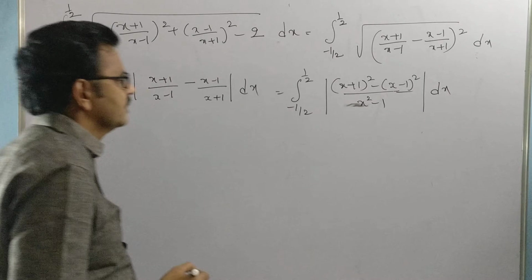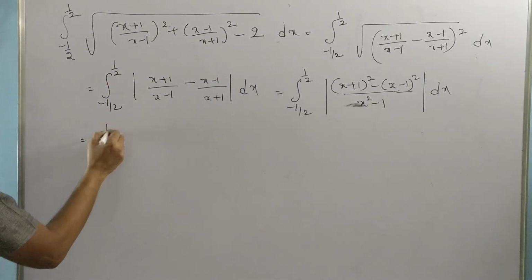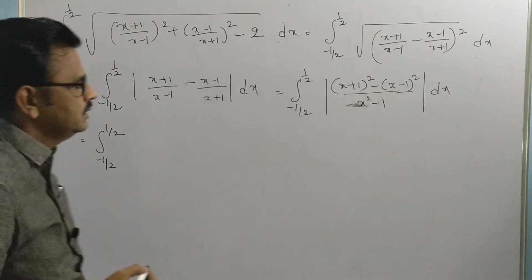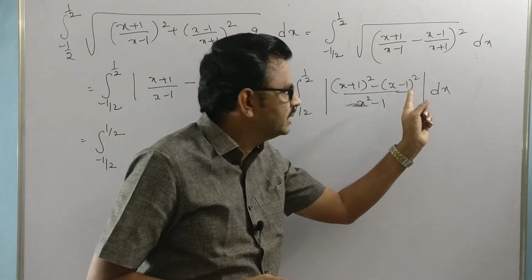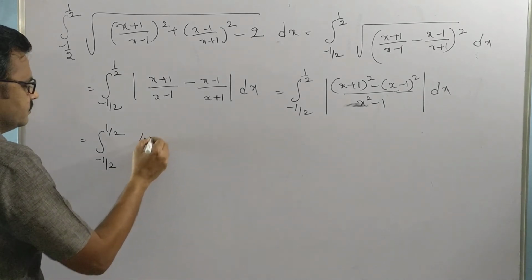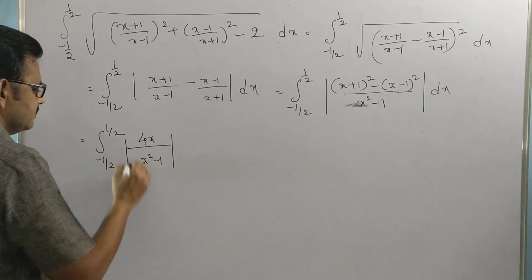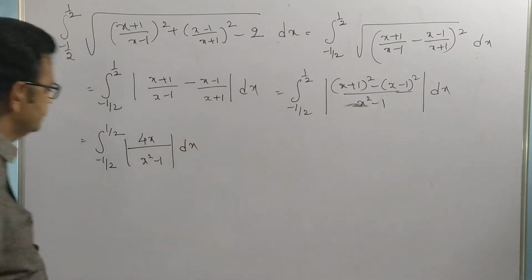Now a plus b whole square minus a minus b whole square is 4ab. So this is mod of 4x by x square minus 1 dx.